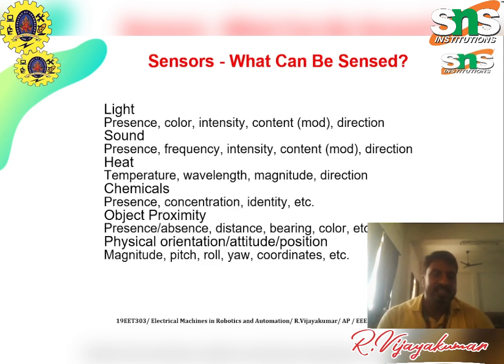Chemical sensors detect presence, concentration, and identity. An object proximity sensor detects presence or absence, distance, bearing, color, etc. And a physical orientation, attitude, or position sensor detects magnitude, pitch, roll, yaw, coordinates, etc. So these are different kinds of sensors doing this kind of work.